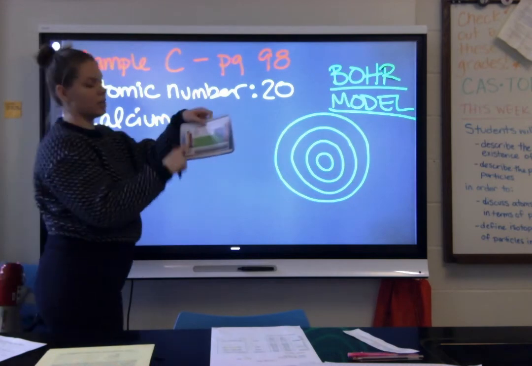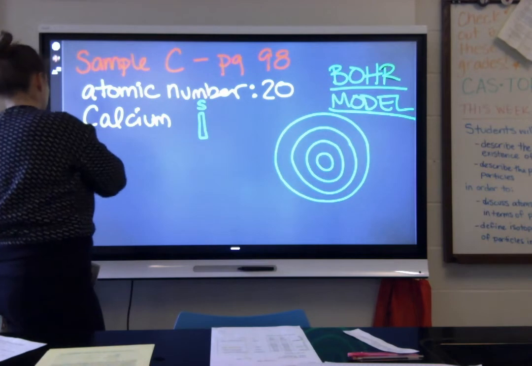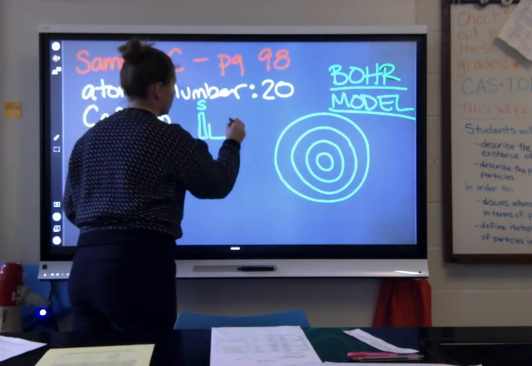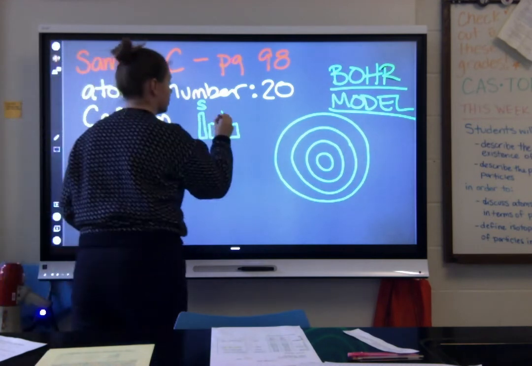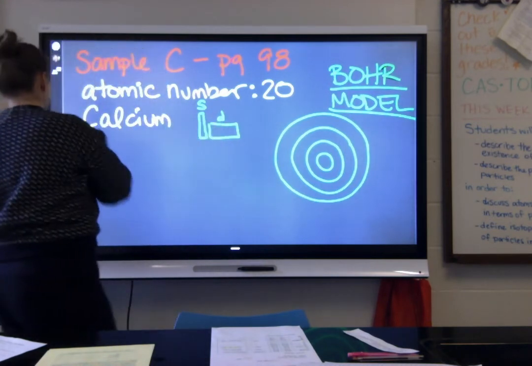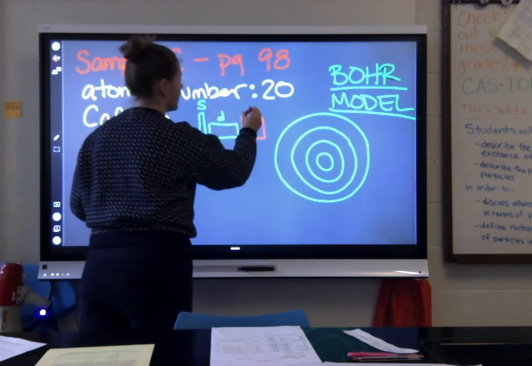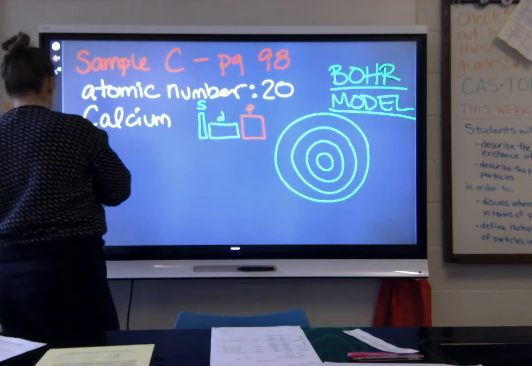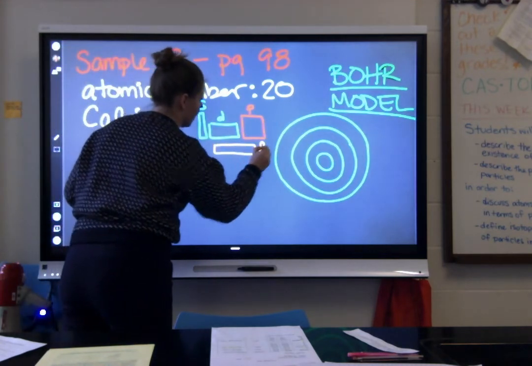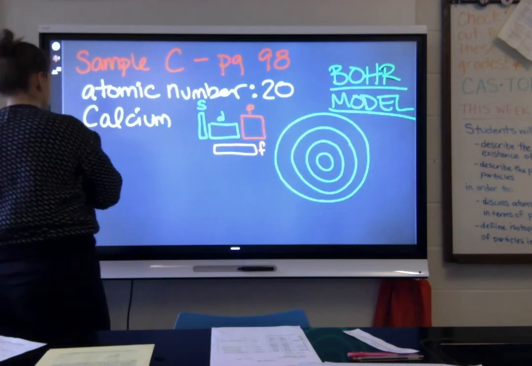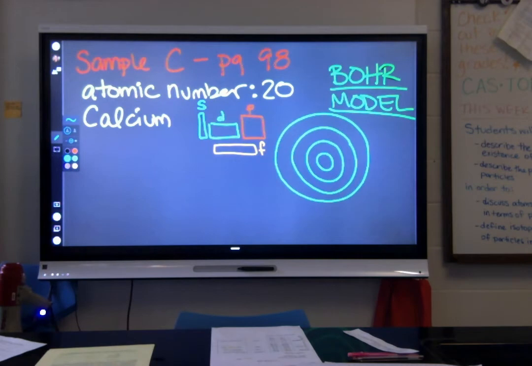So the tall, skinny block over here with two columns is called the S block. Then we have our long and low in the middle here. That's our D block. And then we have a nice little square block on the side. That's our P block. And at the bottom, those two long rows are called the F block. So this will come in handy when we are writing it out, and I'll show you how we do it.